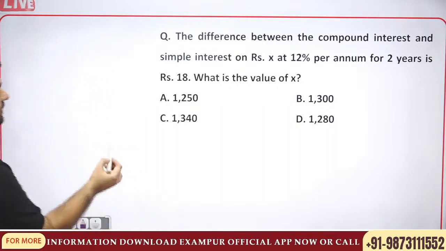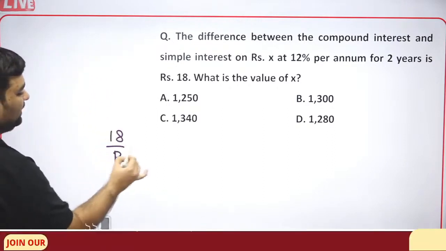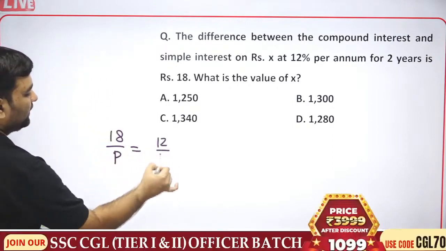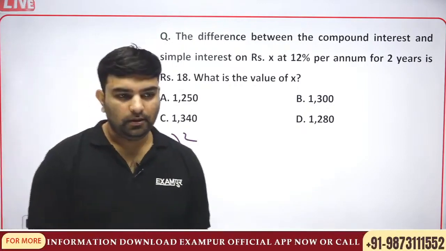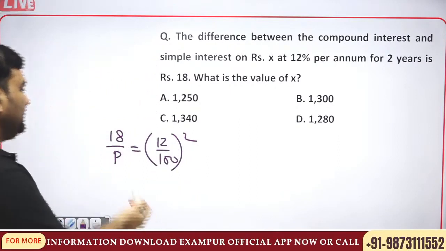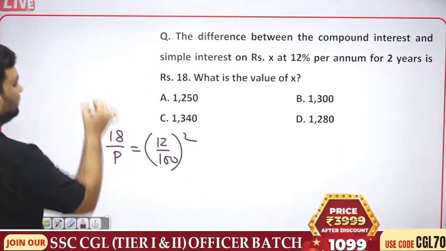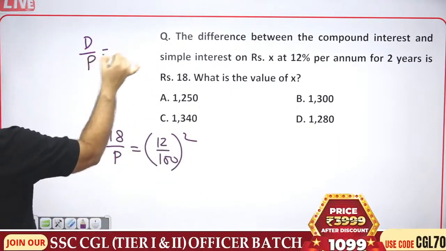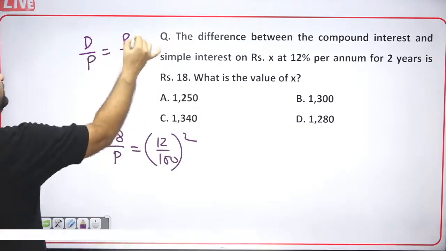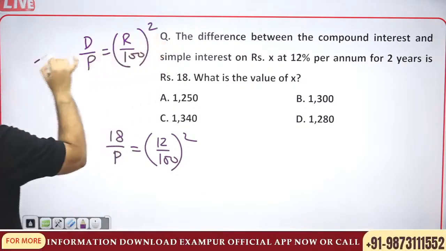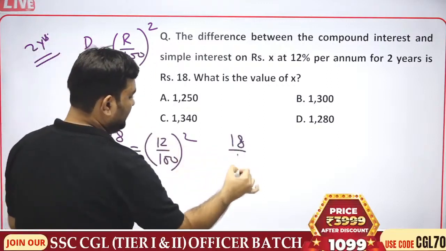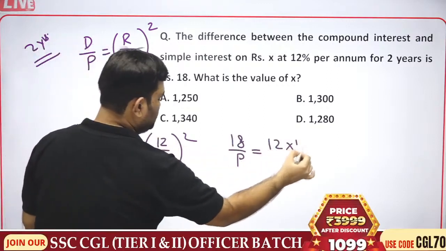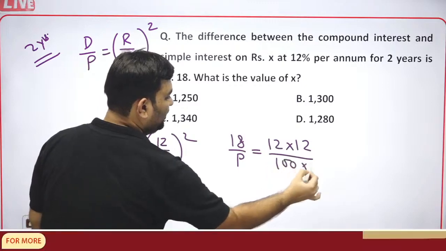For 2 years, difference over principal is (r over 100) whole square. 18 by principal is 12 into 12 by 100 into 100.